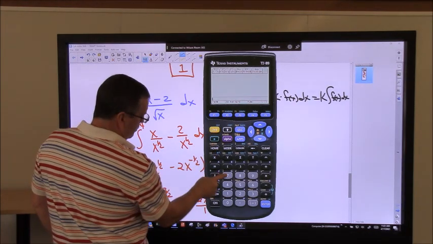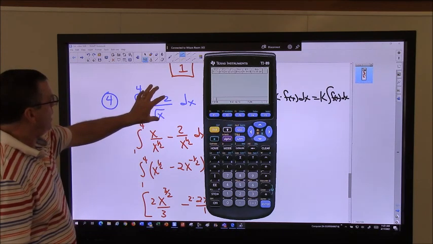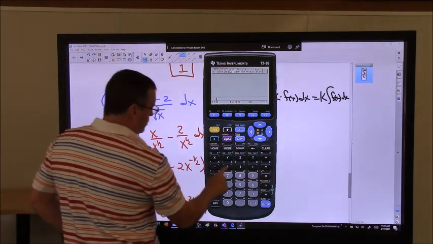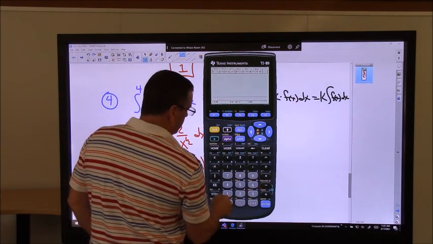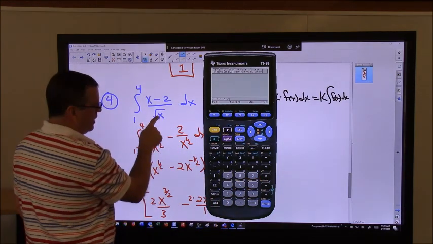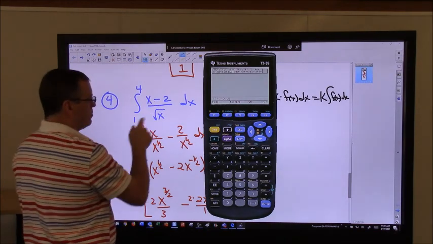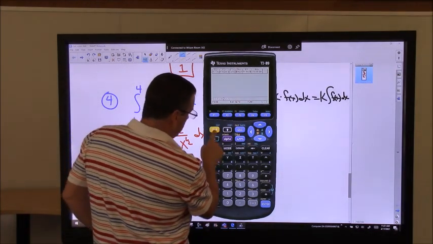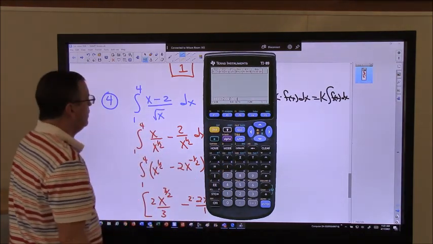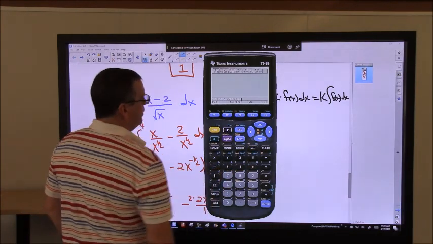So secant, and then 7, there's the integral sign. I want to punch in my function. In parentheses, I've got x minus 2, close parenthesis, and then divide that by the square root of x. I have to put parentheses to make sure I'm dividing that entire numerator by the square root of x. So square root x, close that off. And then for the dx, we have to put comma x in there.